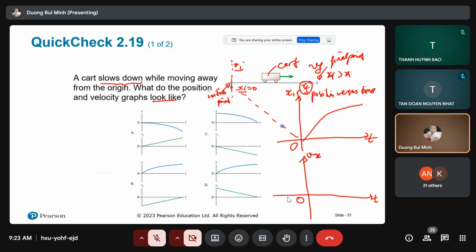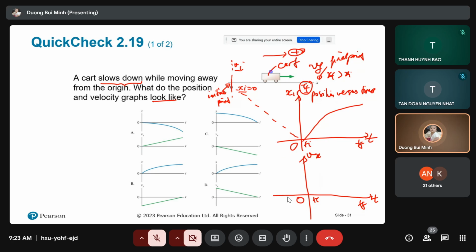At the beginning this is ti and this is tf. The position will be positive because it follows this direction.